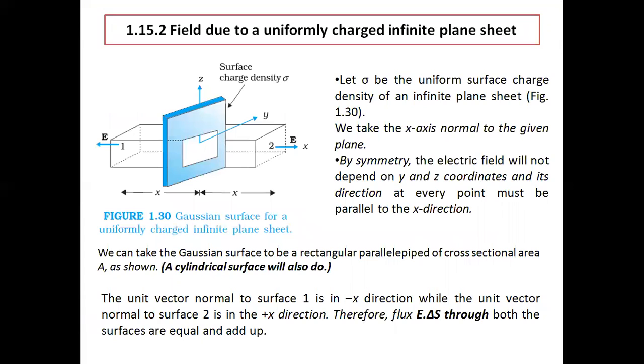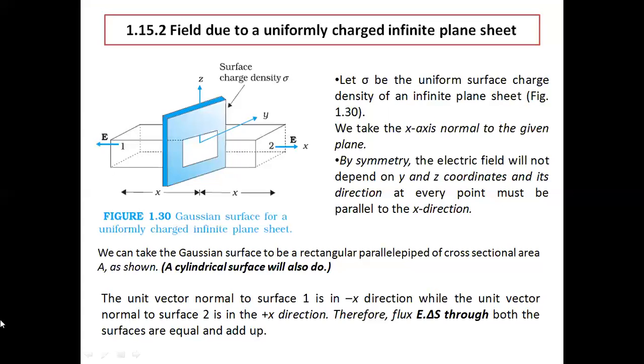Now let's consider that we need to find the field due to a uniformly charged infinite plane sheet. As shown in the figure, consider the Gaussian surface for the uniformly charged infinite plane.